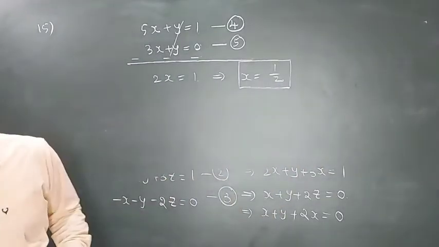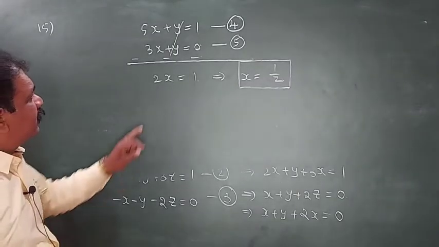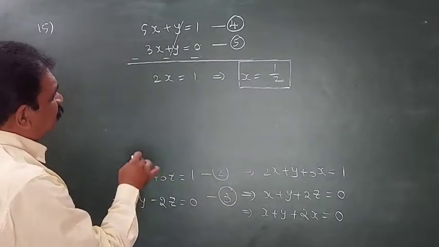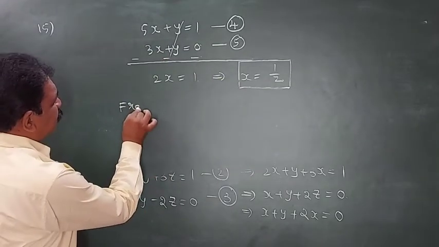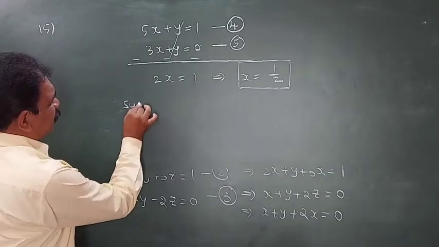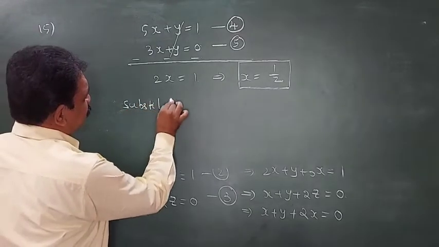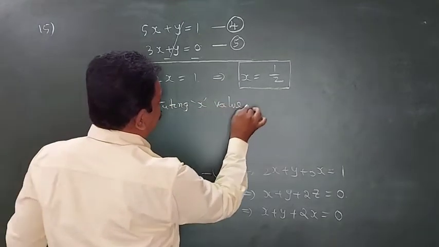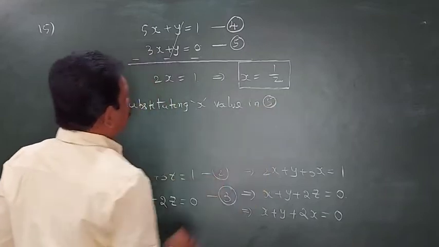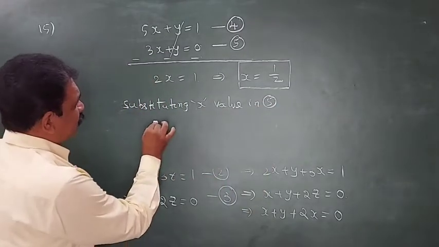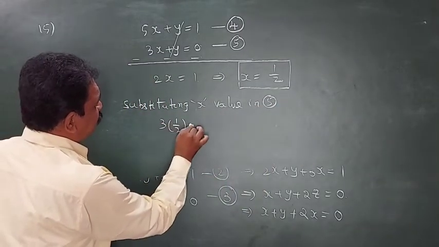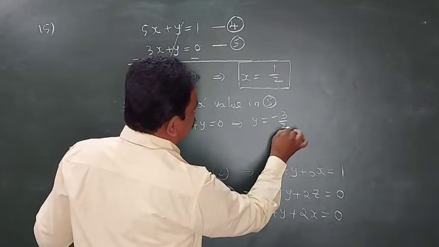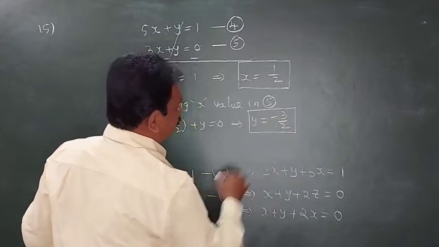Then we substitute this x value in this equation or in any one. Substituting the x value in 5, what will we get? 3 into 1 by 2 plus y is equal to 0. y is equal to minus 3 by 2.